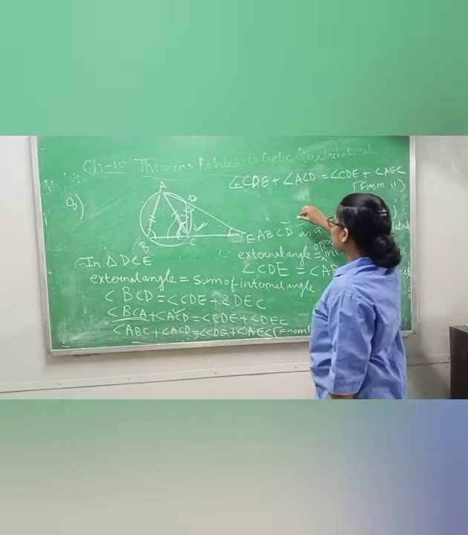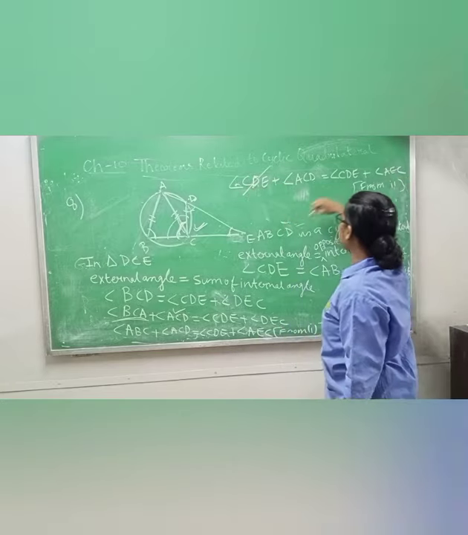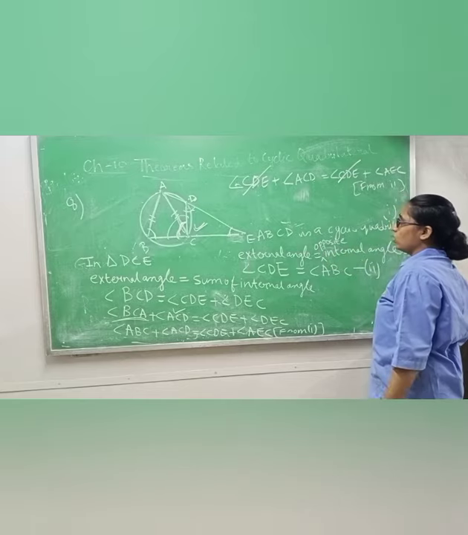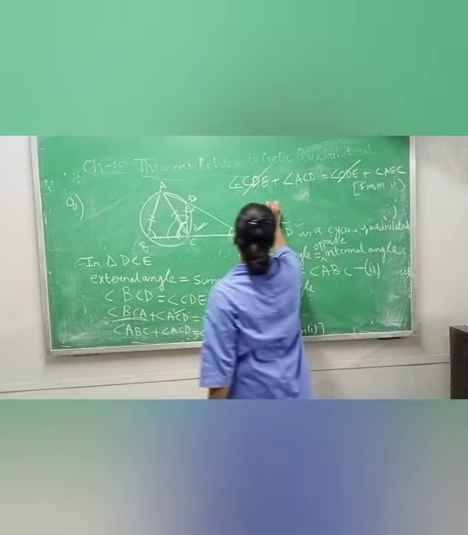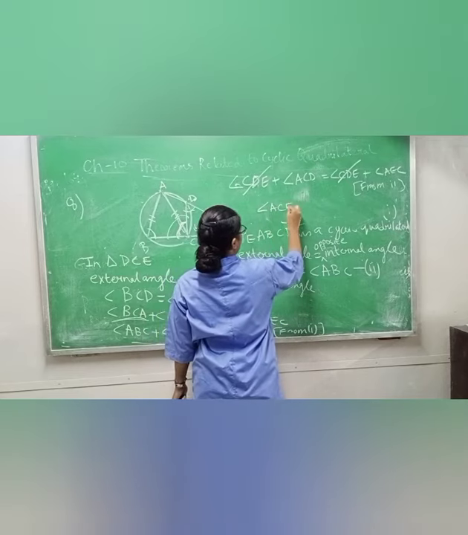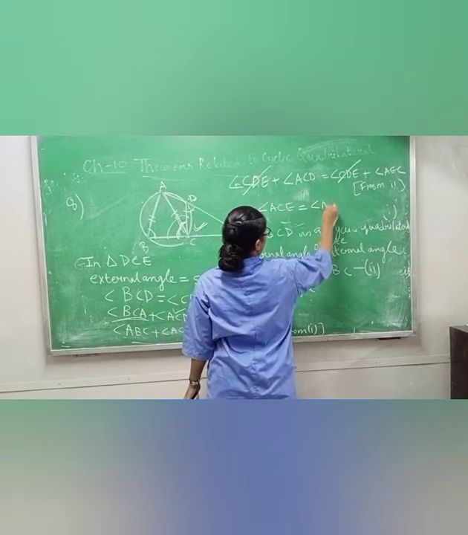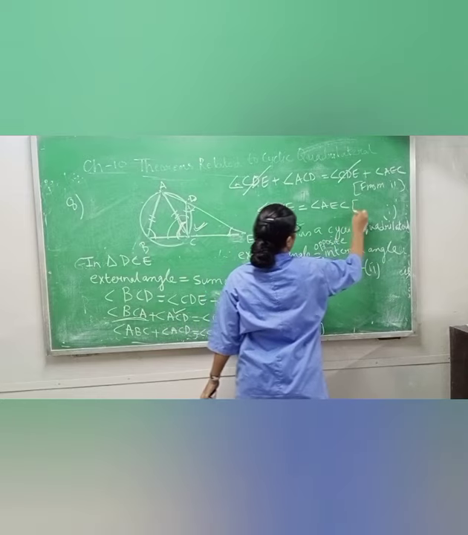Now see class 10, angle CDE and angle CDE cancel out, and you are getting ACD equals AEC, which is proved.